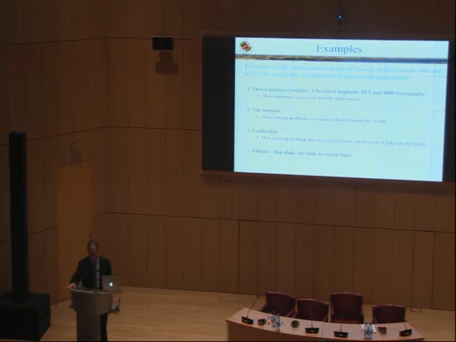So I have three general examples of the anticipated benefits of having skilled people who are well educated in the fundamental sciences and engineering: direct science examples, the history of the internet as we know it and love, and the example of leadership.